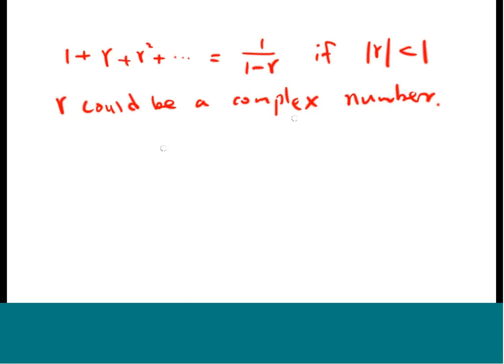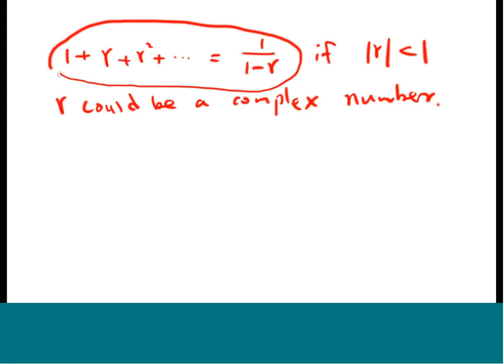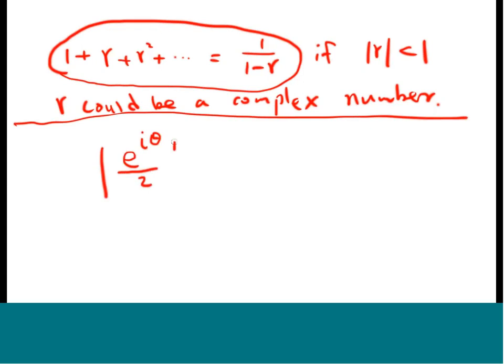Do you remember it? Yeah. So this is also true for the imaginary number. If you've never seen that, then just remember from now. So for our previous problem, what is the absolute value of e to the i theta over 2? If less than 1, we'll be okay.